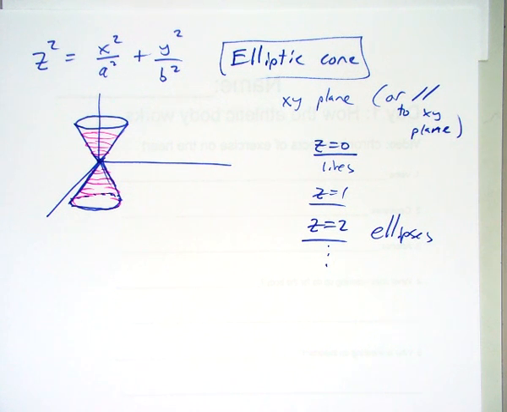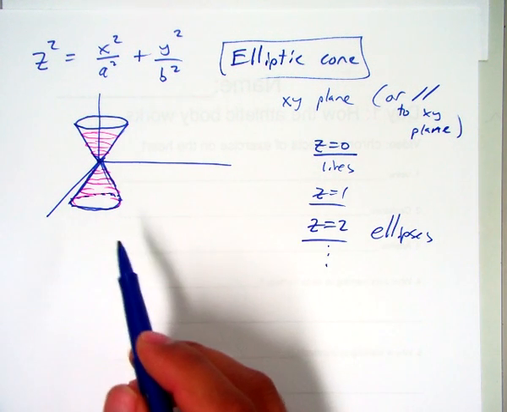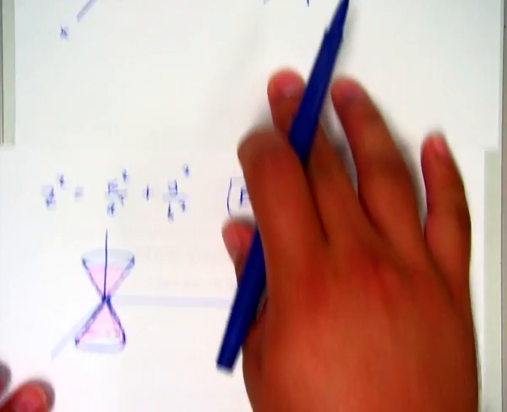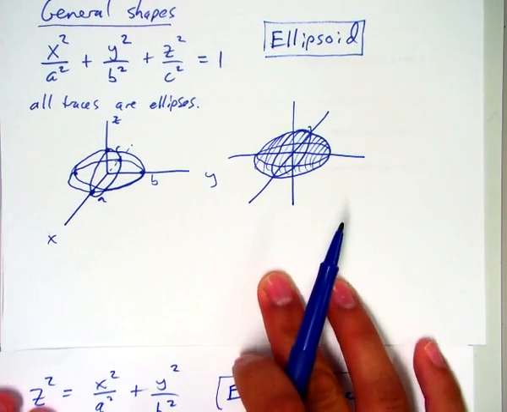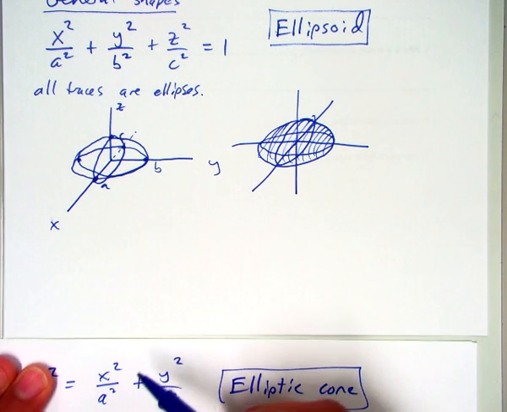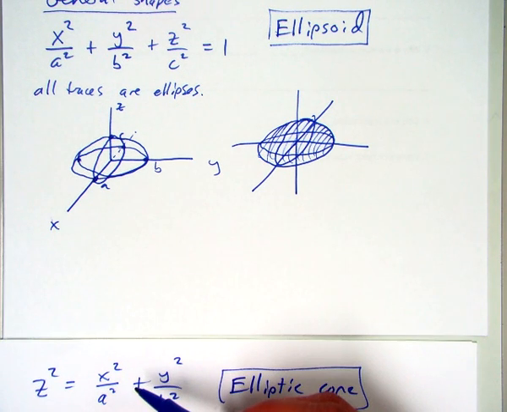It's got a z squared as opposed to just z. Oh, how can he distinguish then? I see. There's no constant term here. You see how for the ellipsoid you have another term besides just the three terms for z, x, and y.